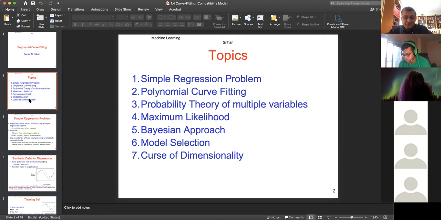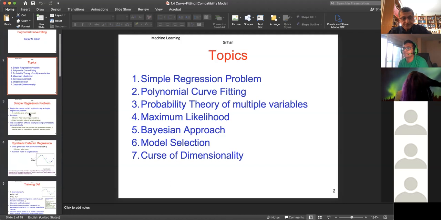Then the Bayesian approach and model selection. Model selection has to do with things like the degree of the polynomial. Do you want a linear fit, or a quadratic fit, or a cubic fit, and so on? Which one would you use? That's the problem of model selection. And then the curse of dimensionality: what happens when you increase the number of dimensions.